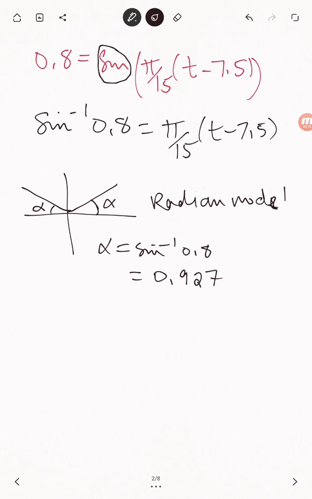I'll round to the nearest hundredth on the final answer. I always try to keep more decimal places until I get to the final answer, so I don't lose too much accuracy by rounding off too many times along the way. Okay, so now we have our related acute angle, which is 0.927. And that would be here and here in the second quadrant.